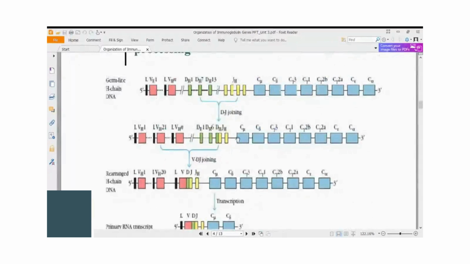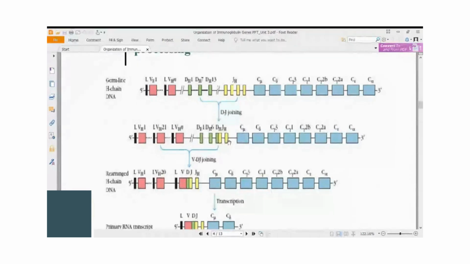If it has to take place in an orderly manner, there should be something there directing this orderliness. And when it is observed, it was found that there are specific nitrogenous base sequences in the 3' end of the variable region. Similarly, 5' of the DH and 3' of the DH, and 5' of the JH and 3' of the JH.